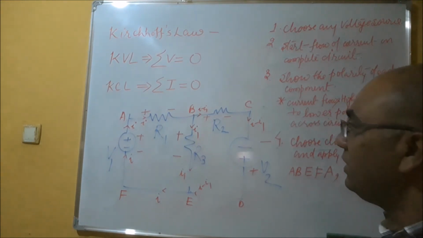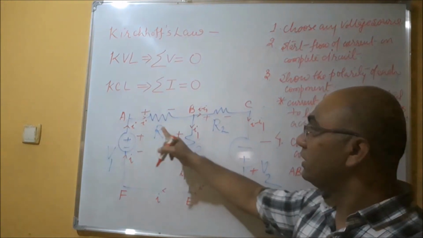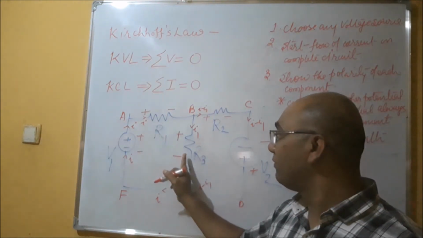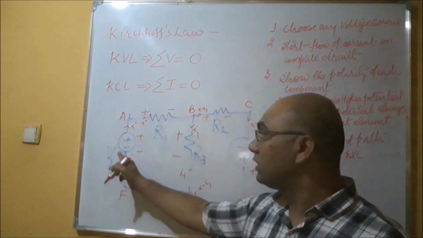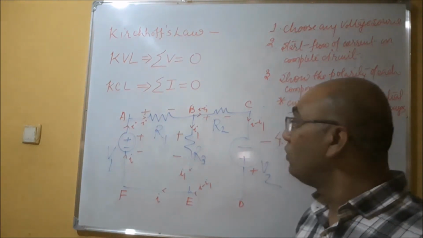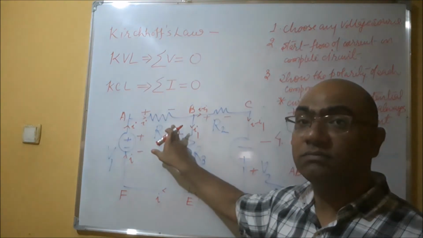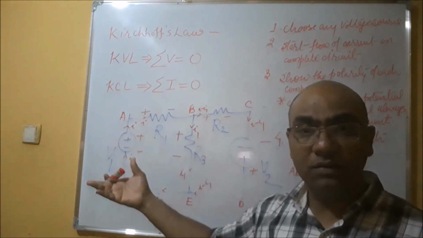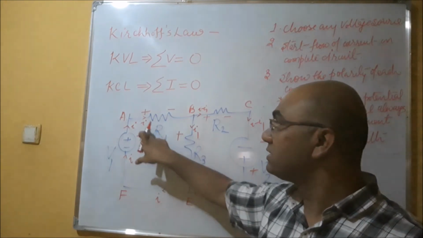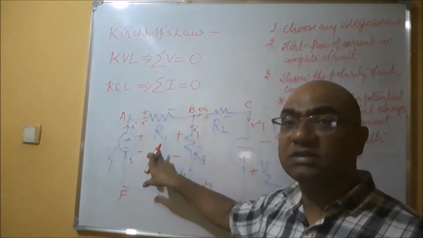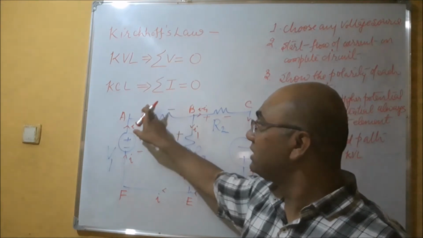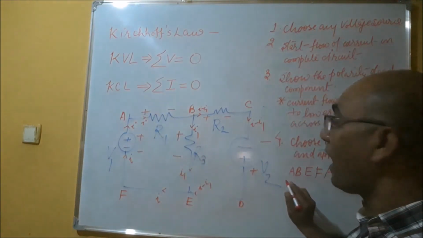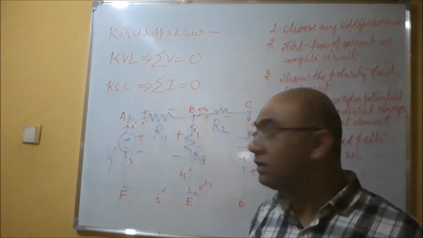In this loop A, B, E, F, A, you see we have one resistance R1, we have resistance R3 and voltage source V1. So what is the voltage across R1? The voltage is IR. The current in this R1 is I, the value of the resistance is R1, so the voltage across this resistance can be given by IR1, right?